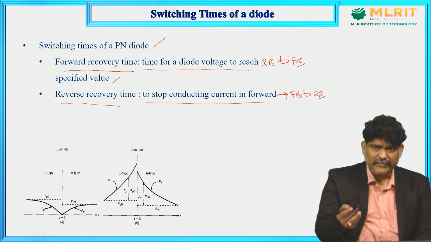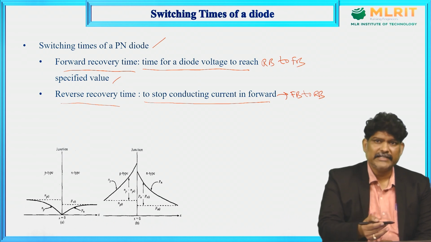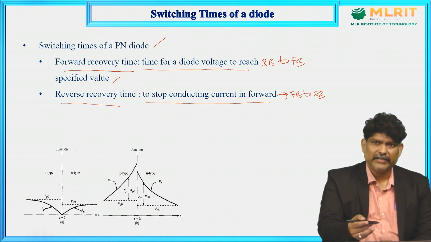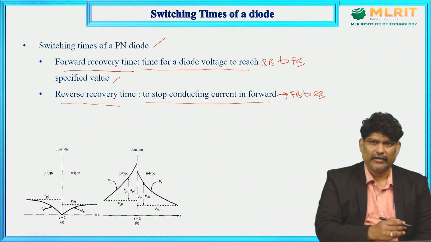So when a diode changes its state from an equilibrium state, for example, if it is in forward bias for a specific time, then it is called the steady state or equilibrium state.